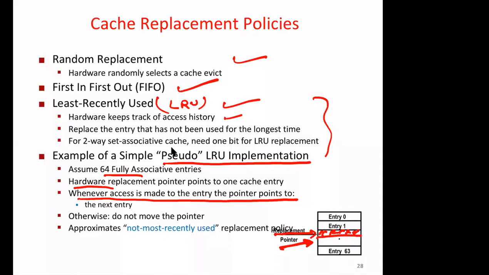This does not give you the exact least recently used algorithm, but it is almost like a not-most-recently-used algorithm. Because the most recently used is the one where access is made and you have moved the pointer to the next, so surely you are not evicting what has recently been used. This is the way we create the pseudo LRU algorithm, and it's being used in many implementations.